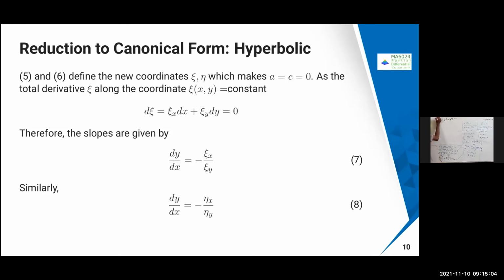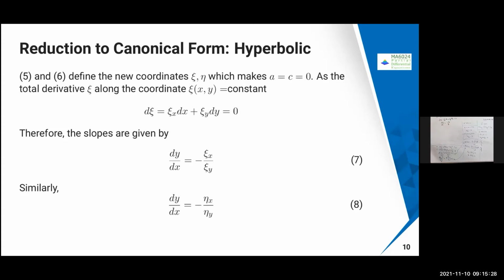So I'm just going to take chi of x comma y equal to constant. I'm assuming that the total derivative of chi along the coordinate chi of x comma y is going to be constant. So d chi is going to be 0. Therefore, from this one you can get dy by dx equal to minus chi x by chi y.